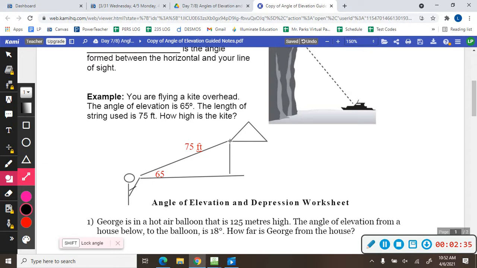Does that picture make sense? So here you are. You're flying a kite. The angle of elevation is 65 degrees. The string is 75, and they want to know how high the kite is. We're going to solve them today. We're going to do more than draw a picture.